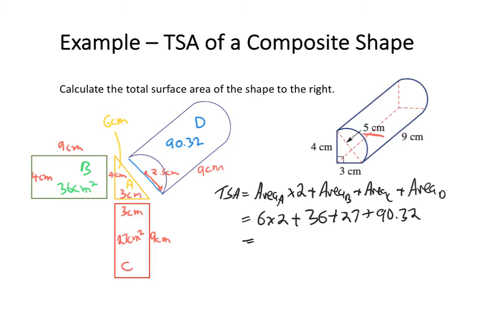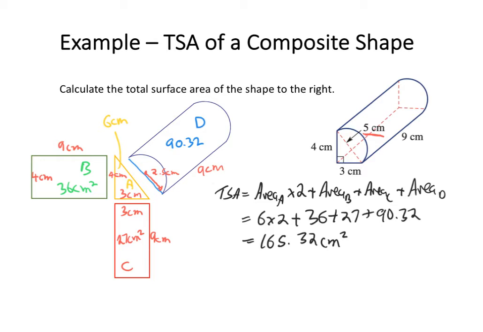Adding them all up together, that gives me a total of 165.32 centimeters squared. So the total surface area of the shape is 165.32 centimeters squared.